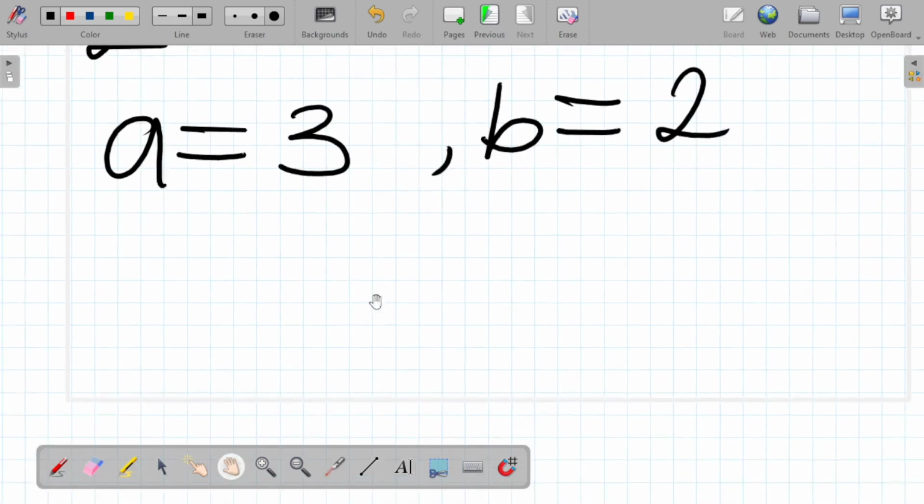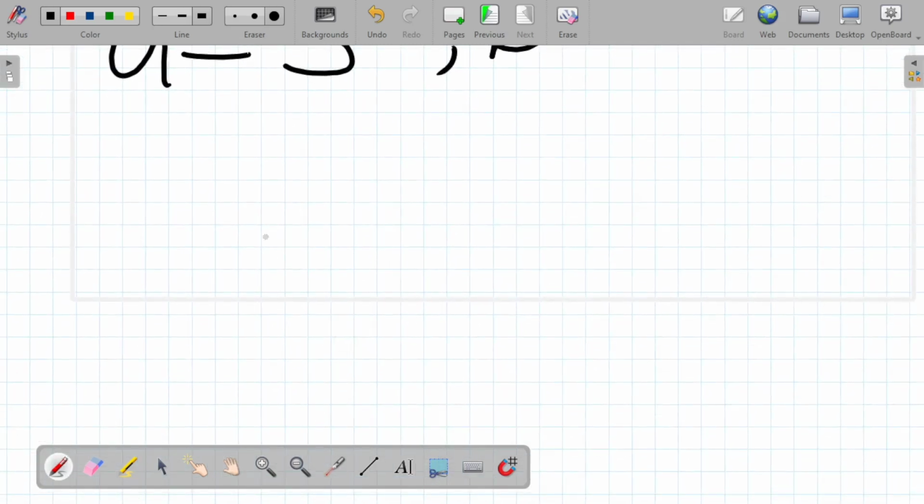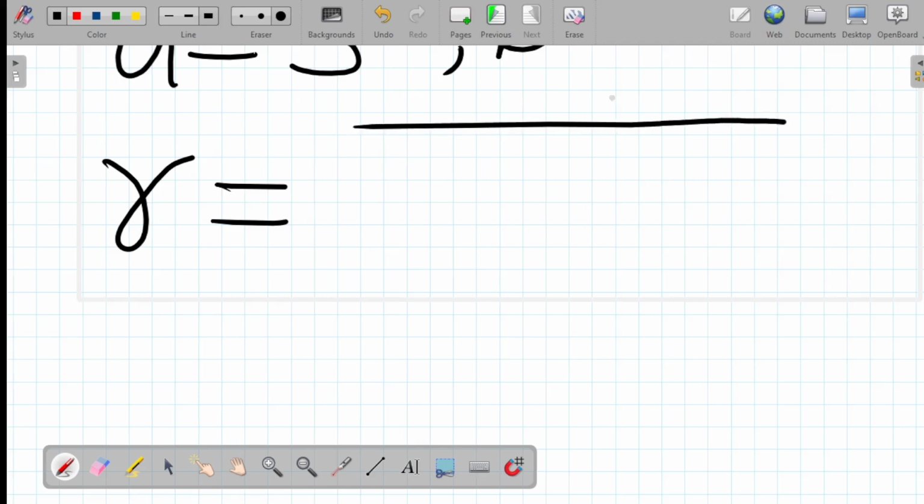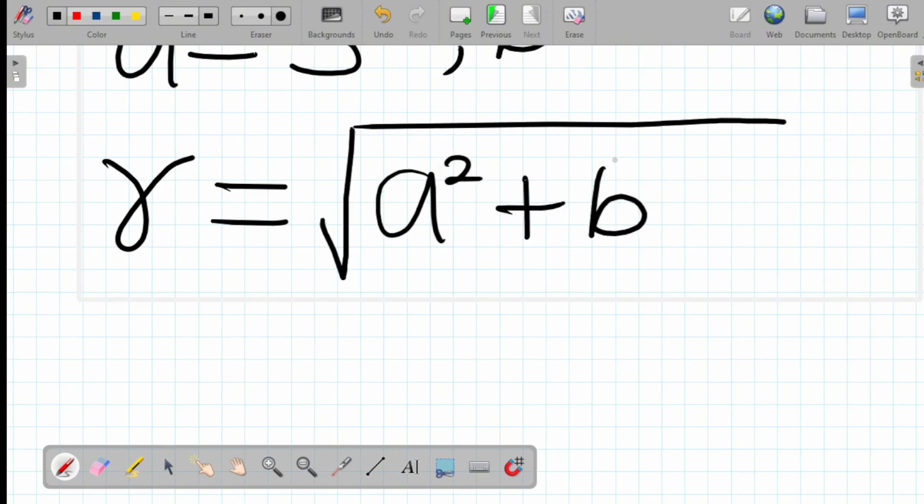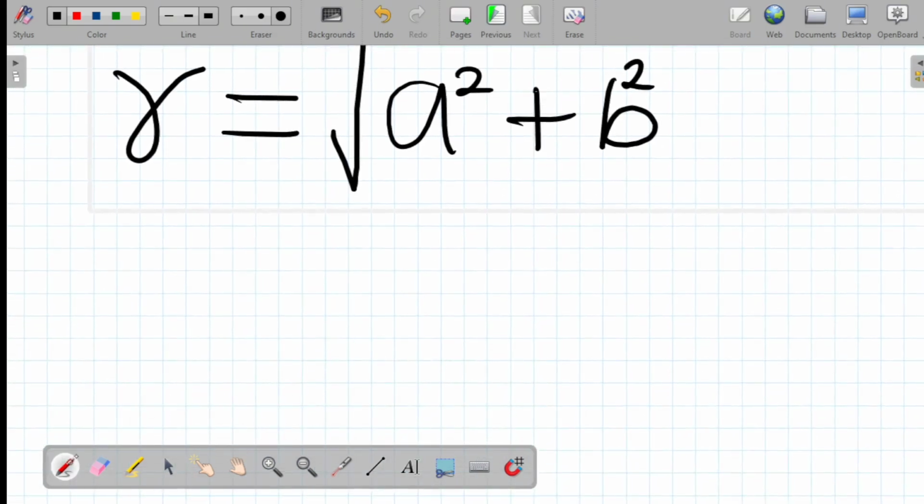Now, our first task here is to look for the modulus of the complex number. And modulus of a complex number, r, is equal to the square root of a squared plus b squared. Now let's substitute the given parameters.